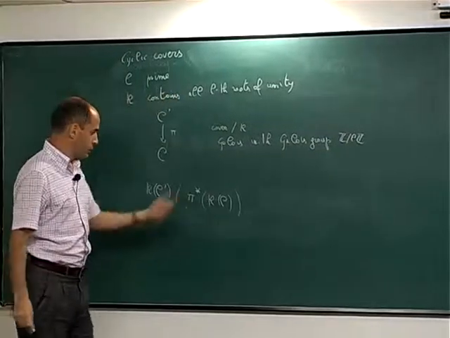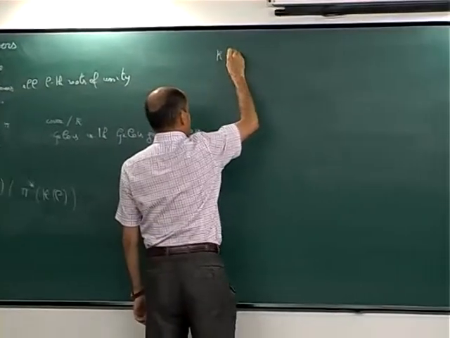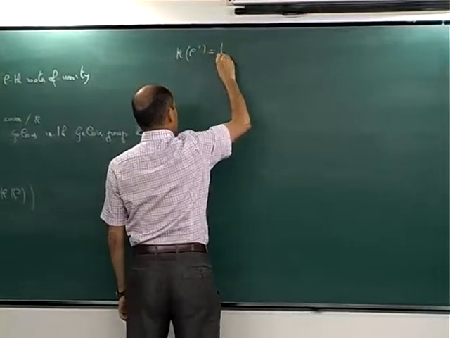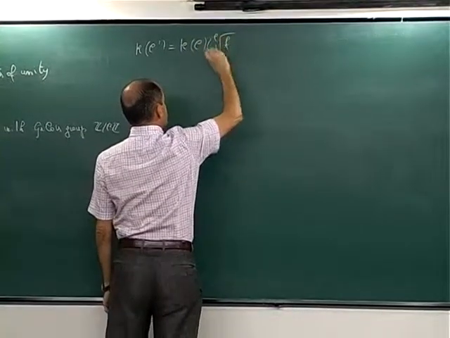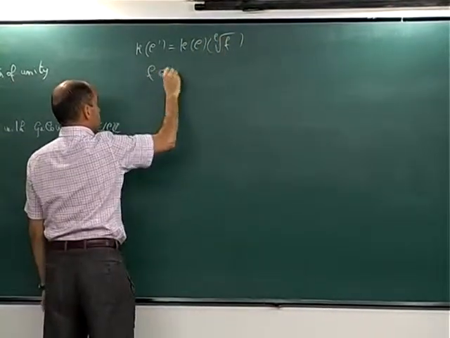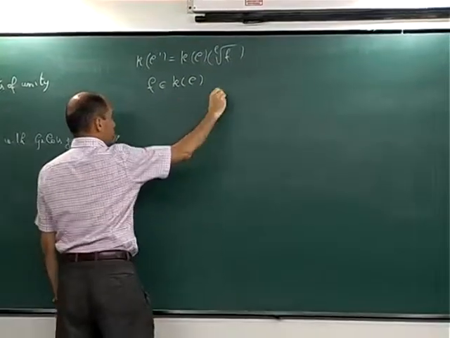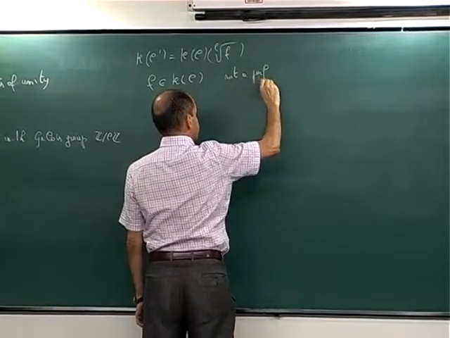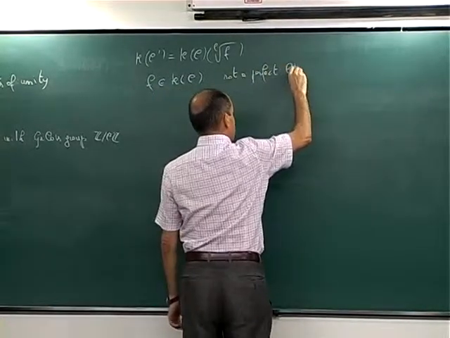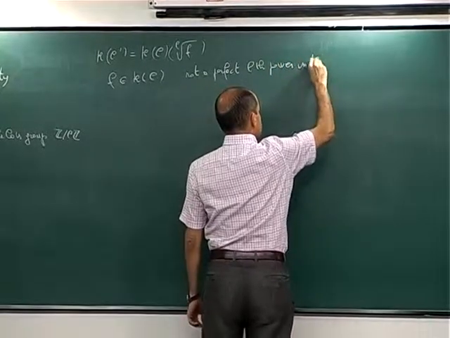So by Kummer theory, we have that K(C prime) equals K(C)(L-th root of f), where f is a rational function and not a perfect L-th power in K(C).